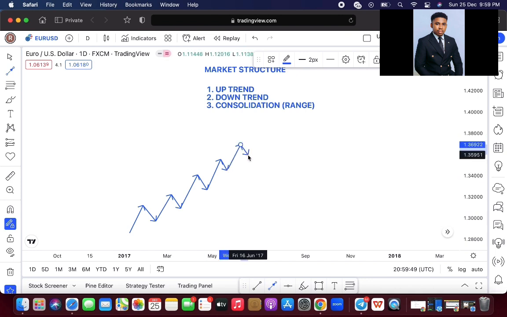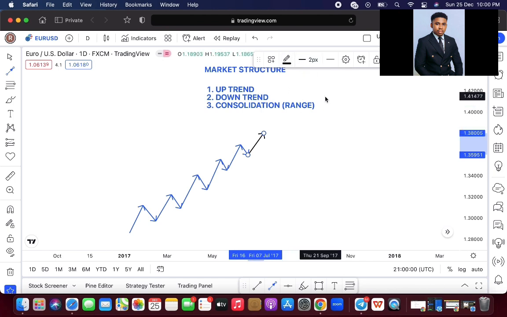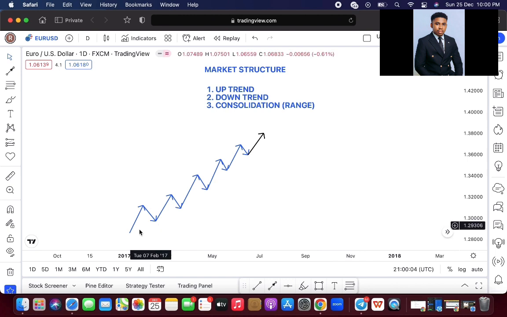So when you see the market moving like this, it's called an uptrend. Let's change the color of this to black. Movements like this, from here to here to here to here, moving upwards, is called an uptrend. And then the opposite is a downtrend.